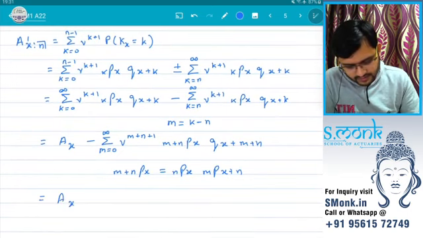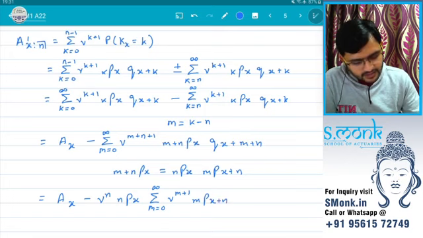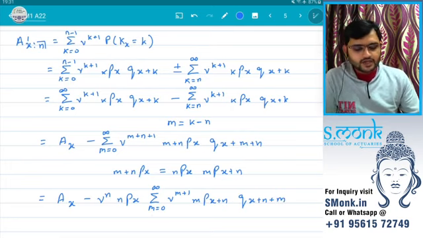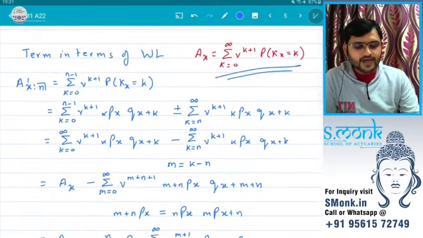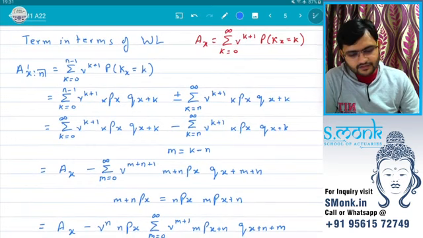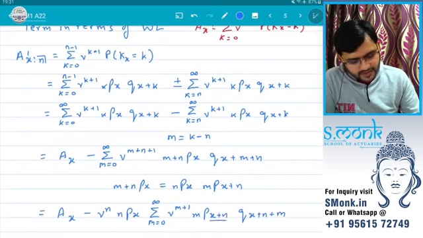So let's say ax minus v raised to n npx outside, and I will have m going from 0 to infinity, v raised to m plus 1, mp x plus n, and write this as q x plus n plus m. Now if we compare this to our original formula, instead of k we have m, instead of k we have n, and instead of x, we have x plus n.